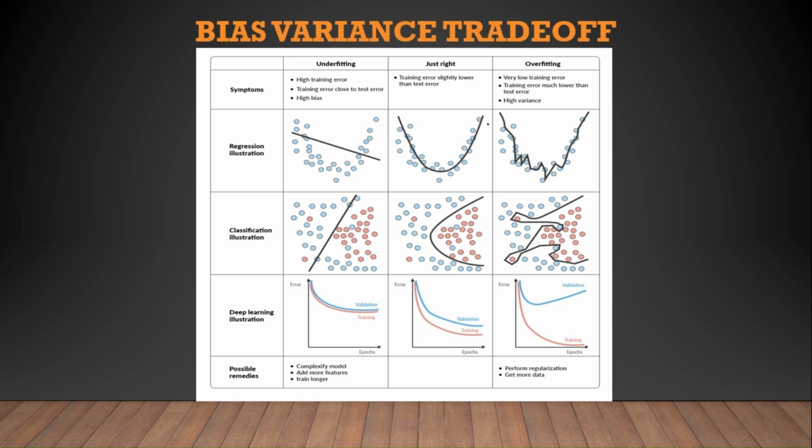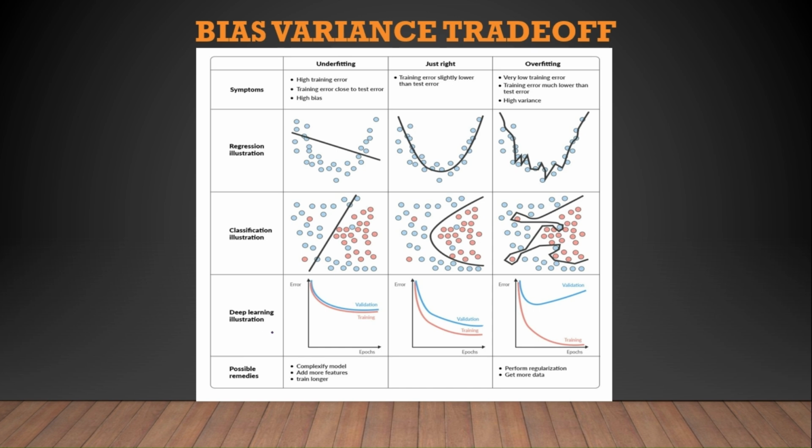Here my model covers all the datasets, so it is overfitting, and the other is underfitting. In the classification illustration, the model does not cover all the data here, while here it covers all the data accurately, so it is overfitting.